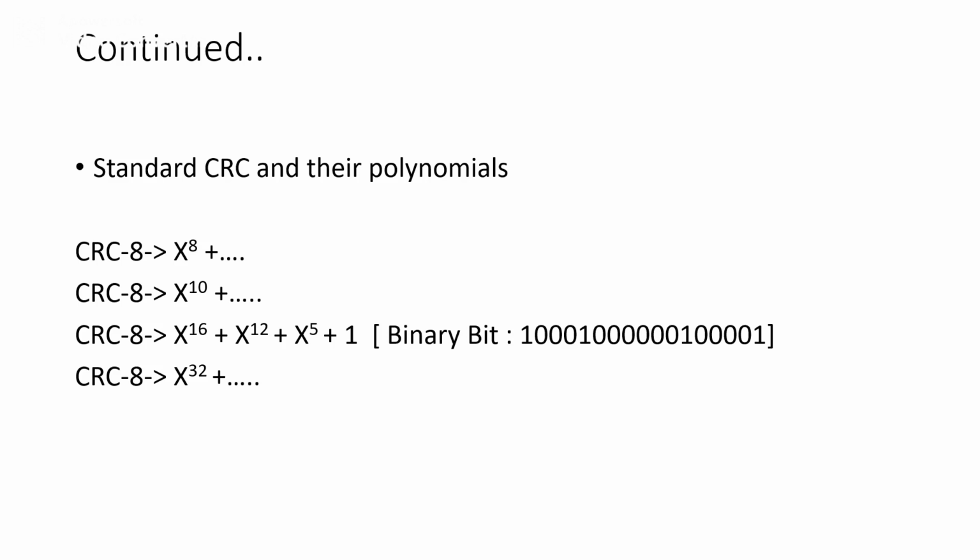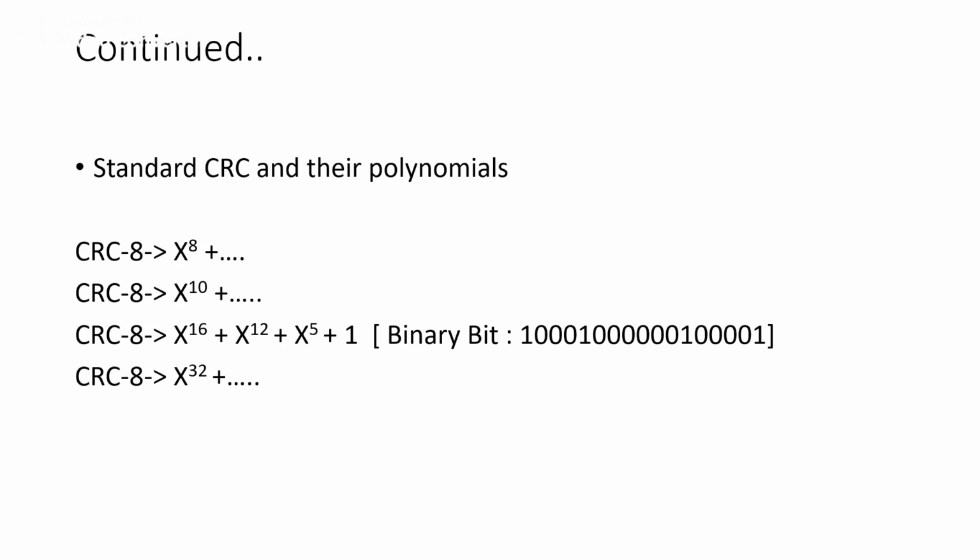After converting into bit format, the degree of the polynomial is 16, plus 1 extra, so the total bit length is 17. So it becomes 1 0 0 0 1, then 6 times 0, 1, and after that 4 times 0, 1. Whenever the power is present in the polynomial, we put 1, and where the remaining powers are not there, we put 0.